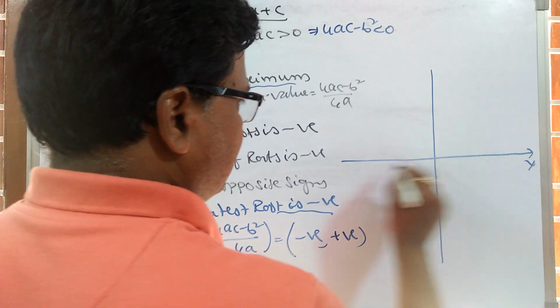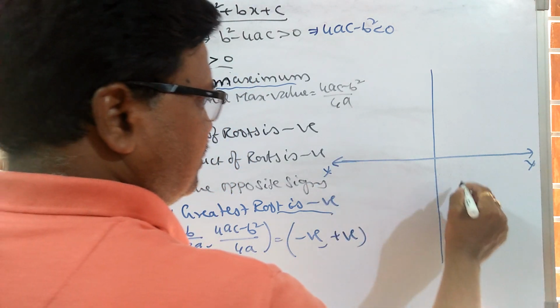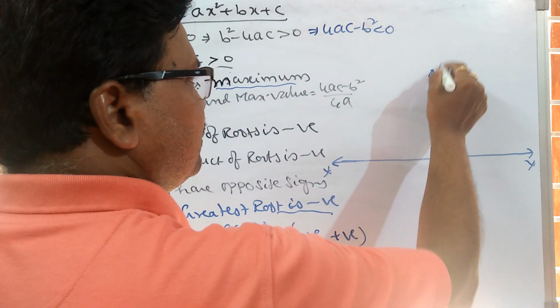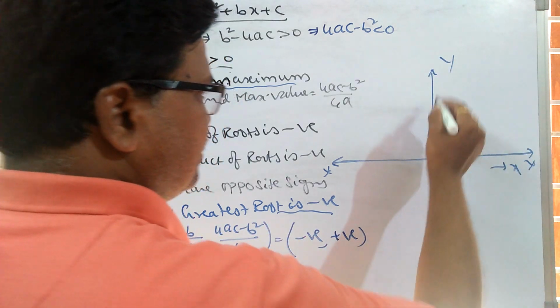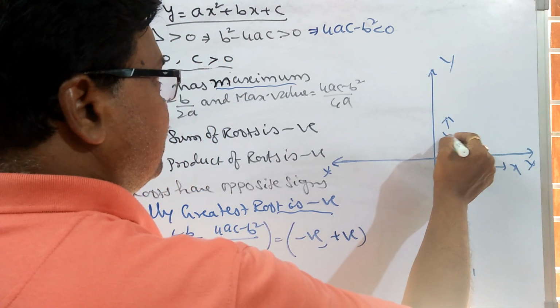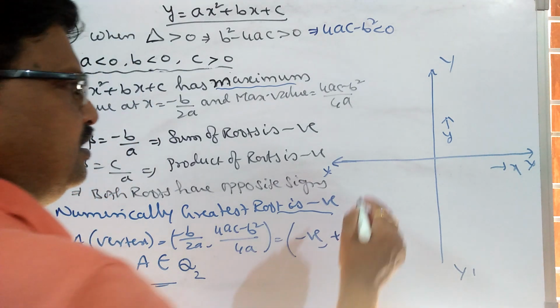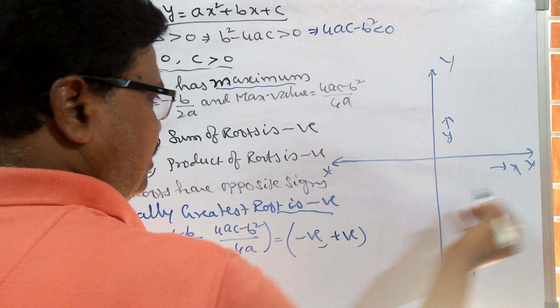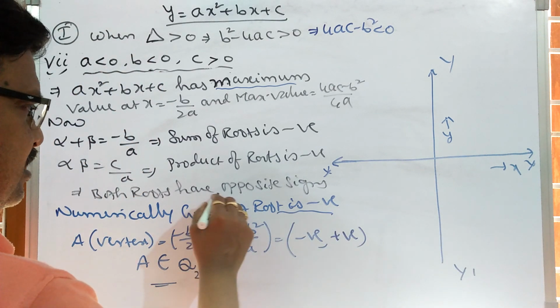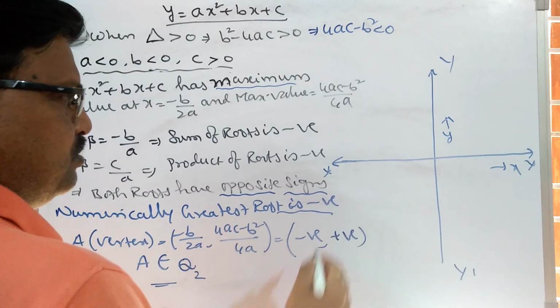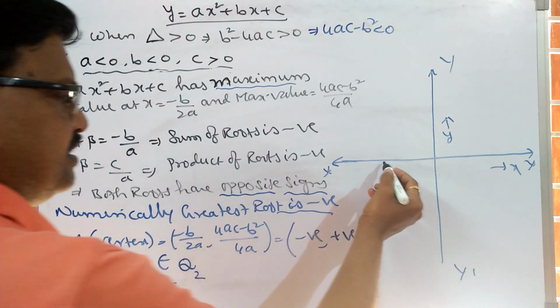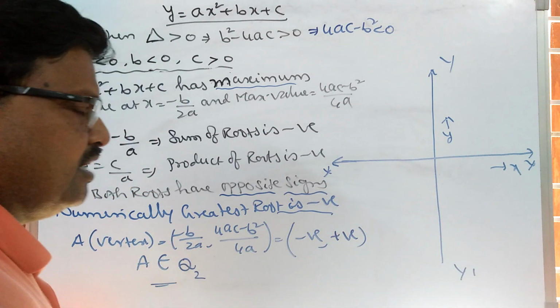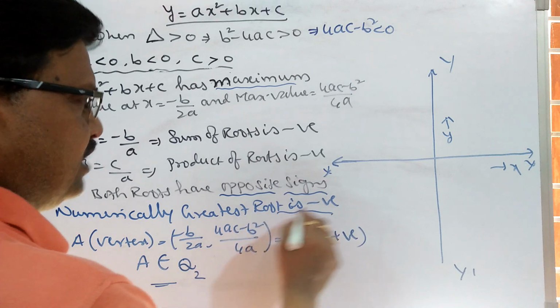This is the x-axis and this is the y-axis, with the x values along the x-axis and the values of y along the y-axis. Now the vertex is in quadrant 2 and it intersects both the positive x-axis and negative x-axis. Why? Because the roots have opposite signs. And the greatest root is negative now.